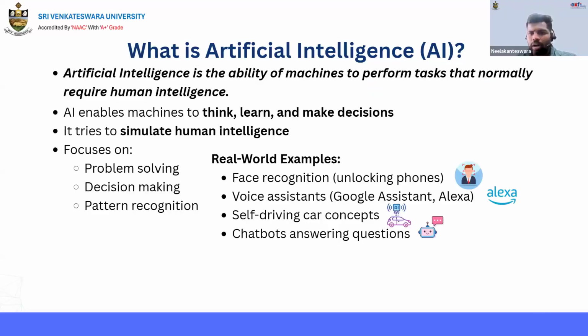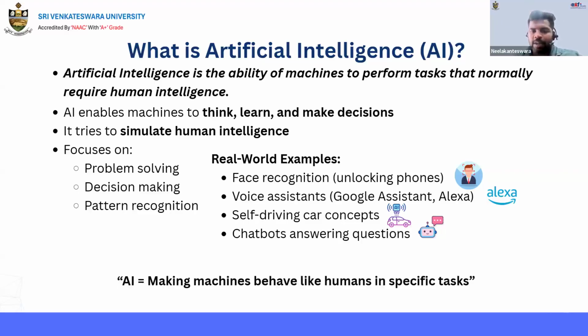These are powered by AI. That means in the background, these all work with AI. Finally we can say that AI is nothing but making machines that can behave like a human in specific tasks.